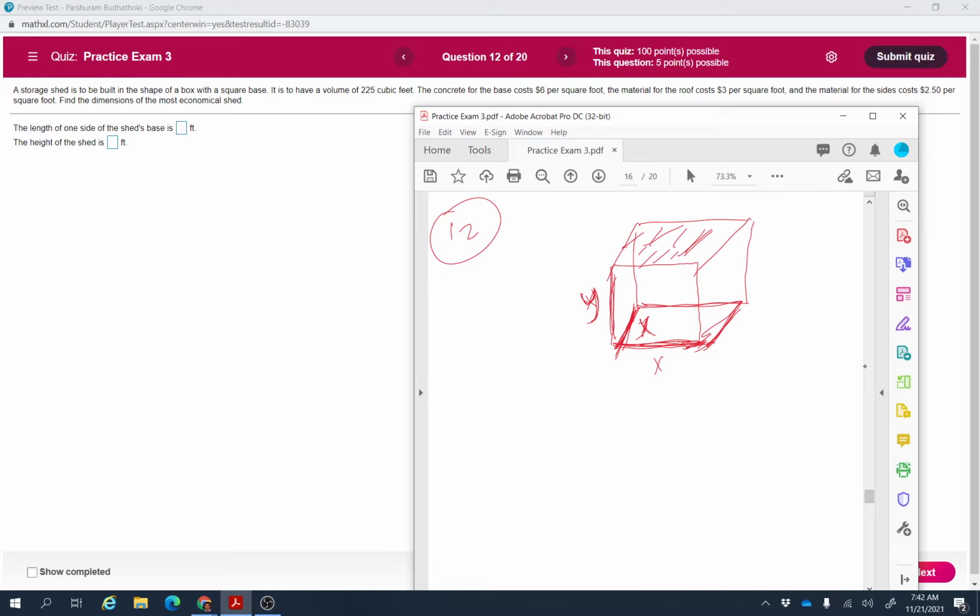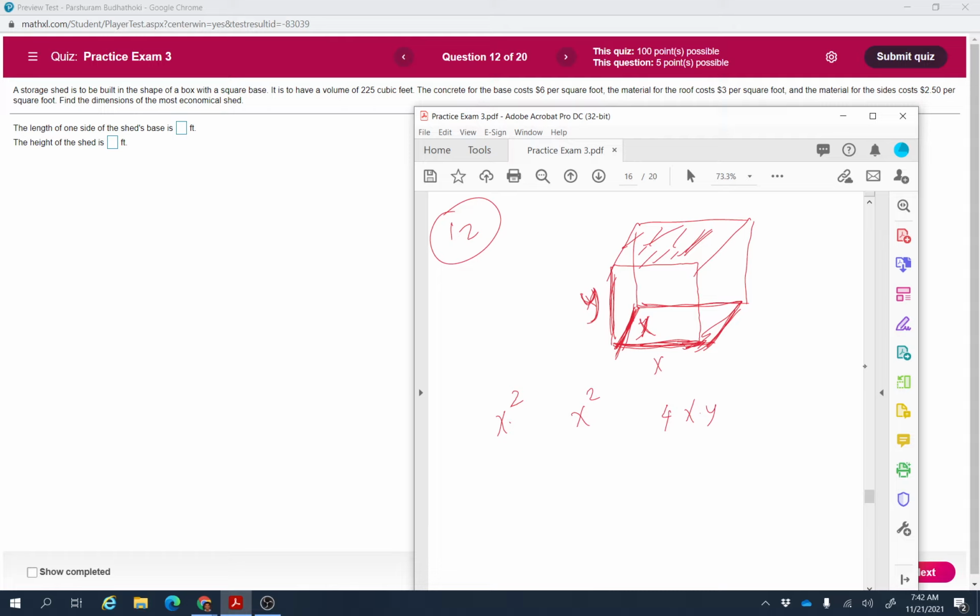So there are 6 sides: base, roof, and 4 walls. The area of the base is x times x, which is x squared. The area of the roof is x squared. And the area of all those 4 sides is 4 times x times y. These are the areas for all these 6 sides.